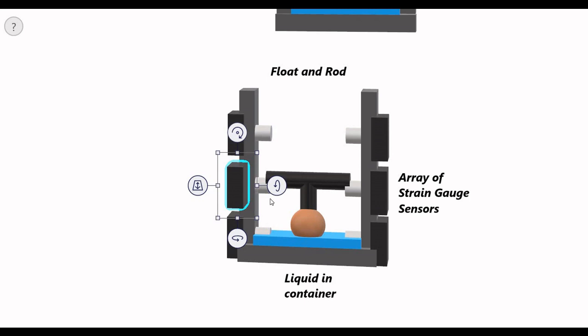And in most cases, the length of the rod attached to the float is negligible compared to the level of the liquid being measured. So this is a few centimeters and this is several hundred meters. So it can be neglected, and in some cases it is subtracted to give us more accurate and precise measurements. So this is the whole thing related to liquid level measurement using strain gauge sensors.